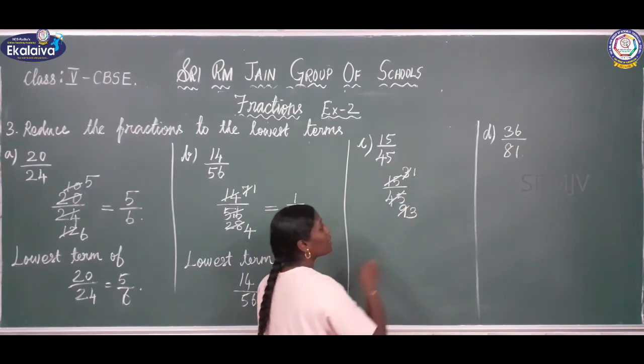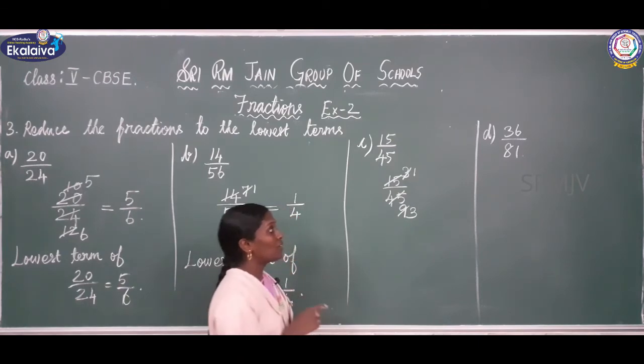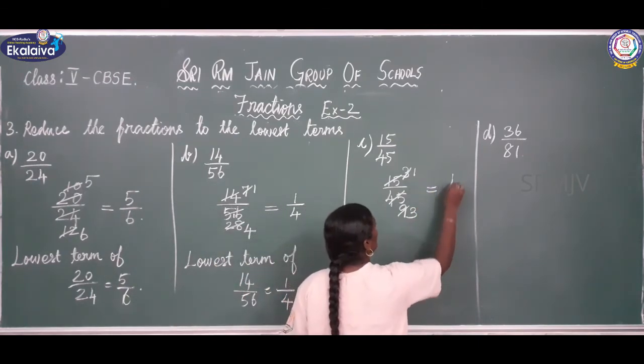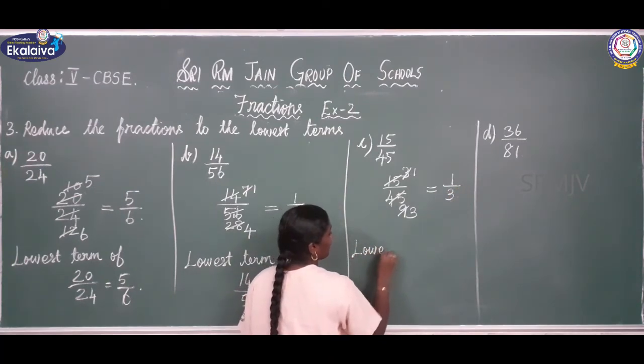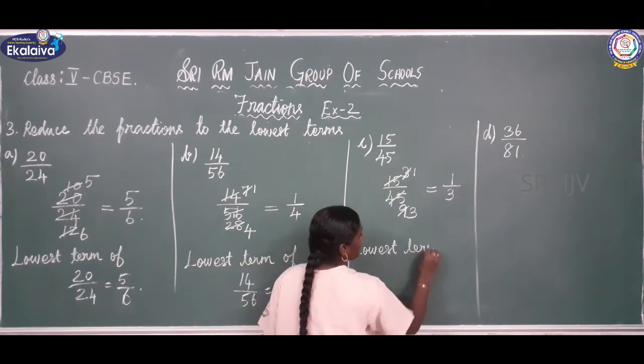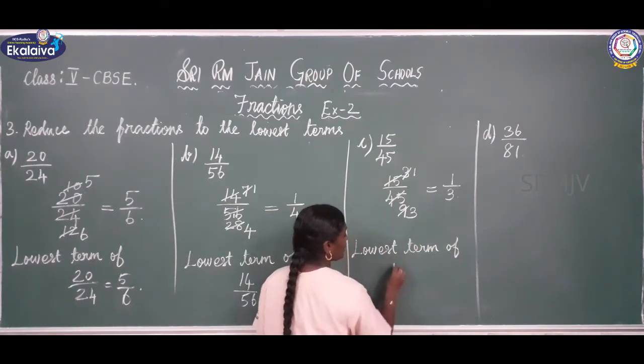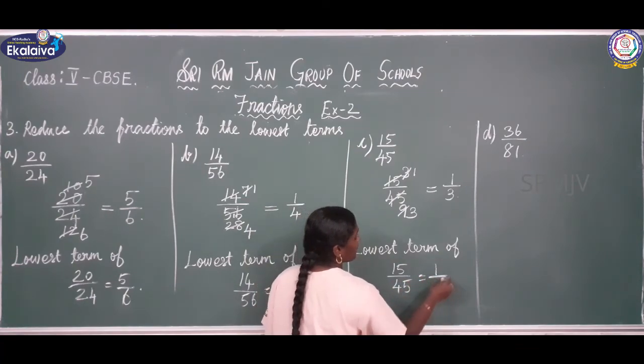Now we got 1 by 3. Here for 1 and 3, 1 is the only common factor. So 1 by 3 is the lowest term. So lowest term of 15 by 45 is 1 by 3.